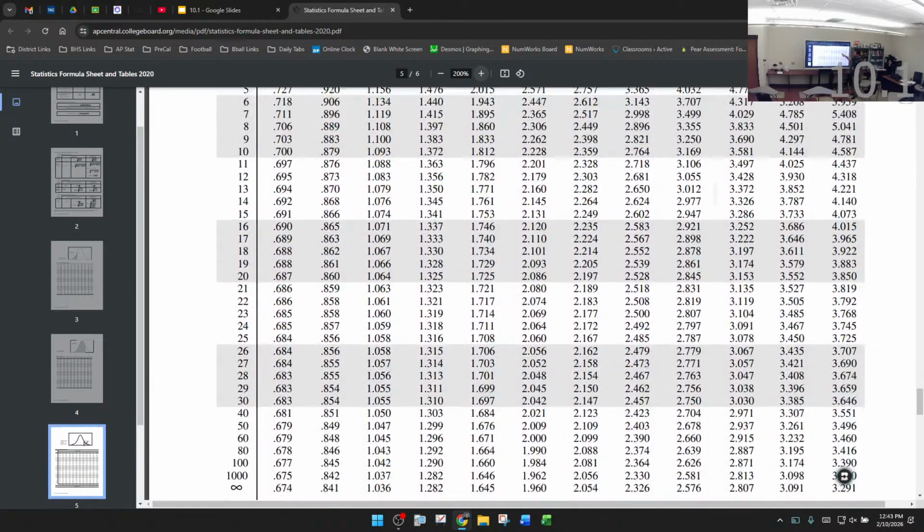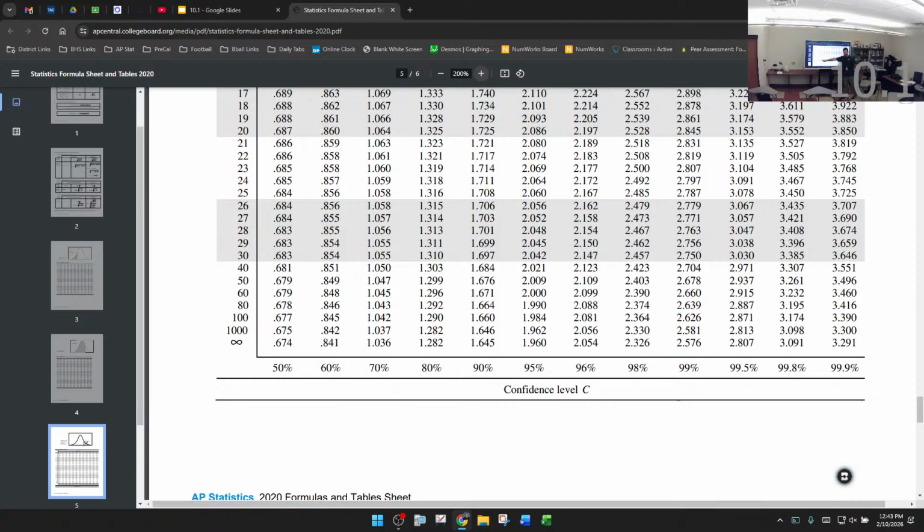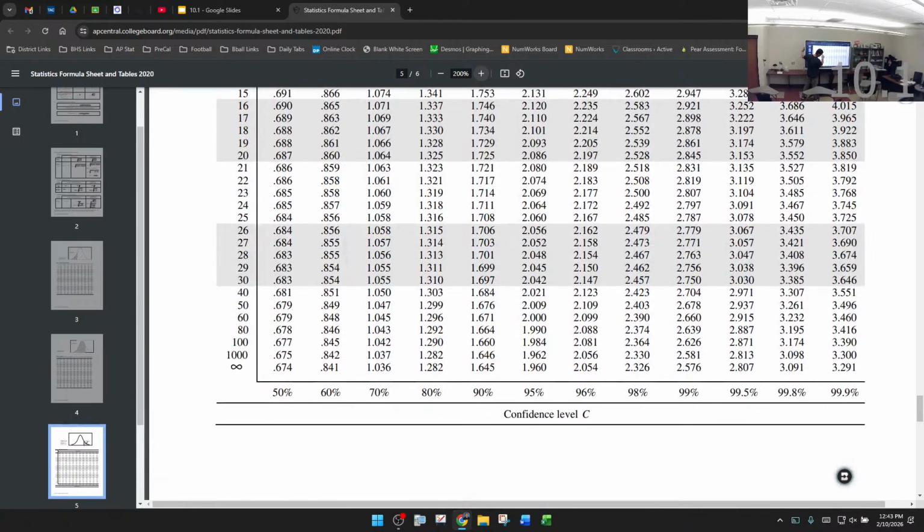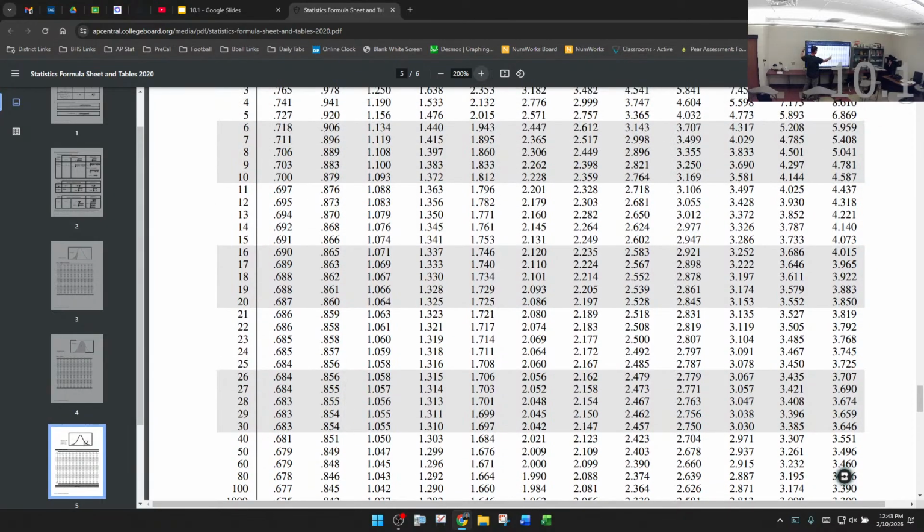On the T distribution, at the bottom you'll see 95%, 96%, 98%, 99%, 90%, and over here are your degrees of freedom. I would go up to 11 and over to that 95%, which is 2.201. That's how you find it on the table.